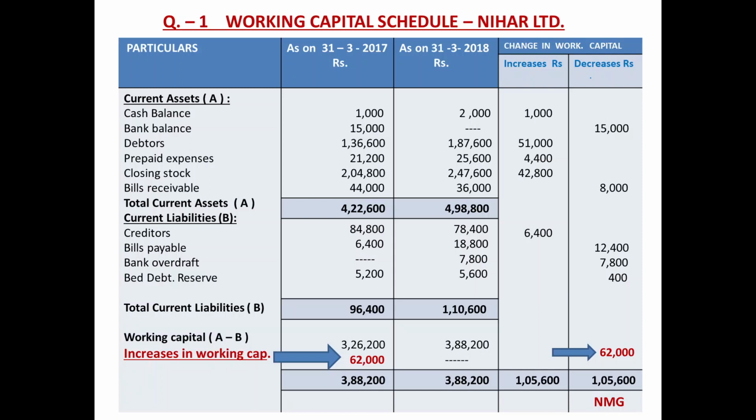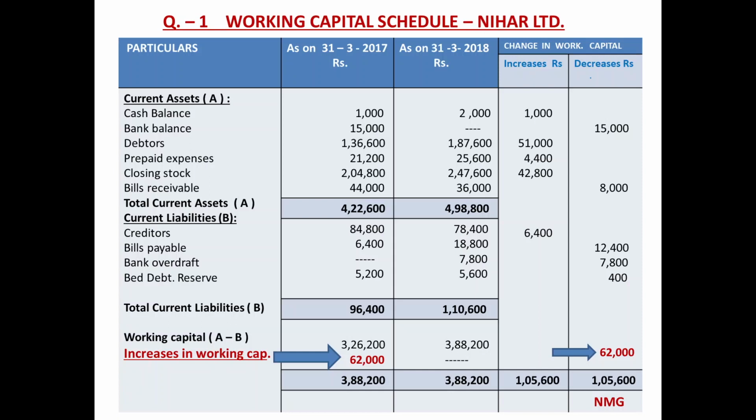Afterwards current liabilities. CL with working capital is a negative relationship. See the first item, creditors. Balance of last year 84,800 while balance of current year 78,400, which indicates a decrease of rupees 6,400 in the balance of creditors in the current year.